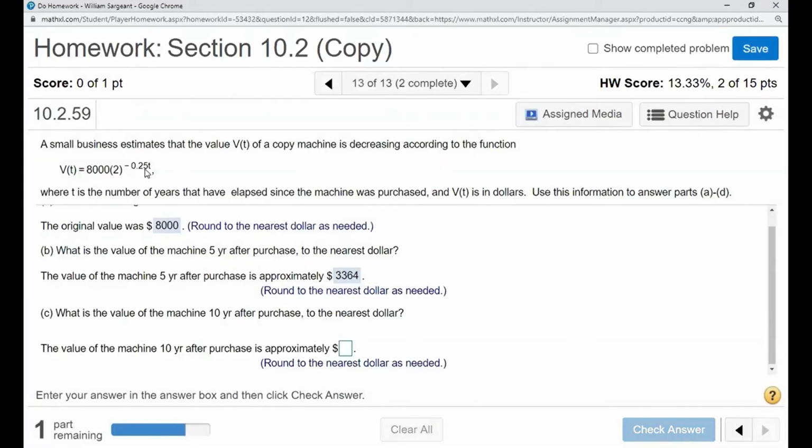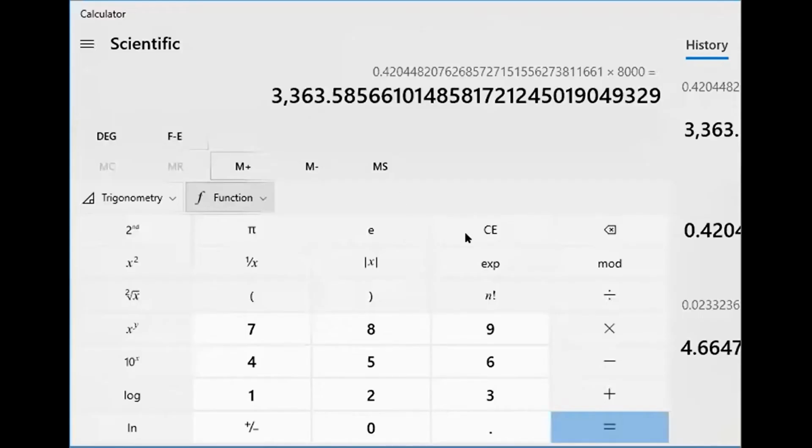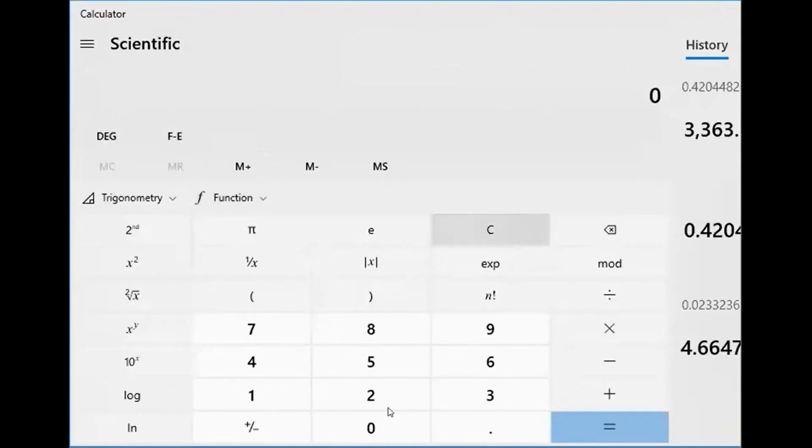10 years later, negative 0.25 times 10 will be negative 2.5. So I have to find out what 2 to the negative 2.5 is and multiply that by 8,000. Again, make sure that you've got a negative exponent.